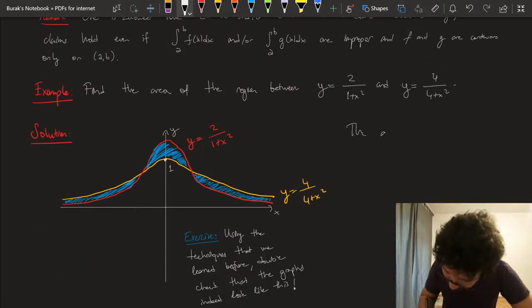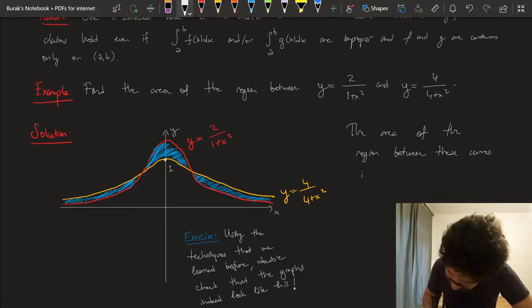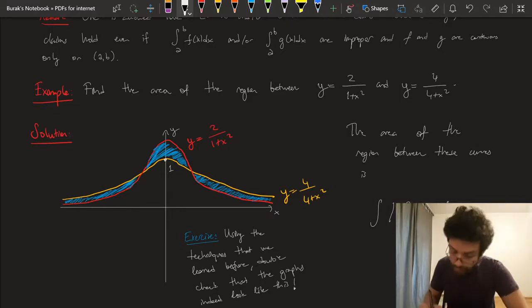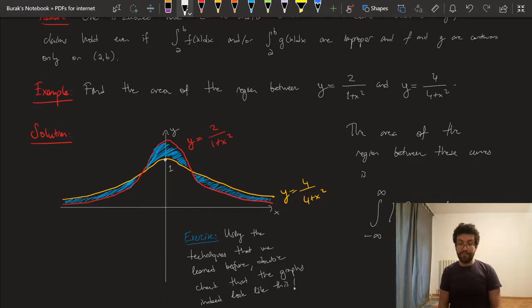The area of the region between these curves is the integral of the absolute value of the difference of these functions over the interval minus infinity to infinity.